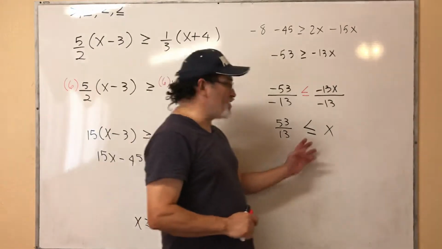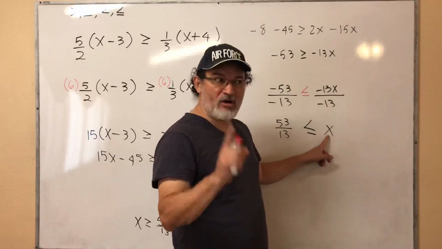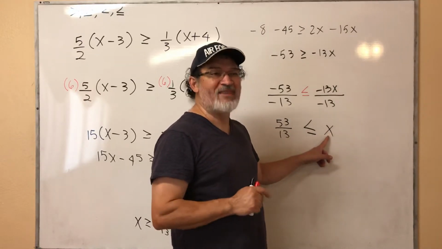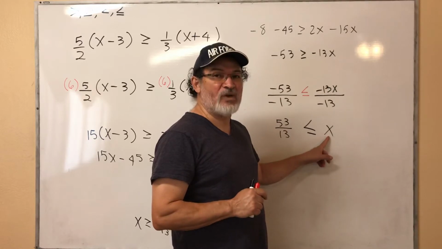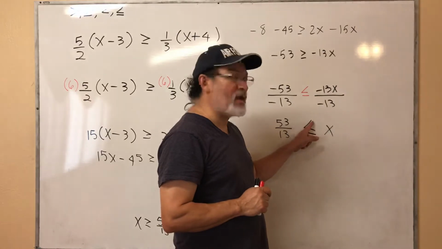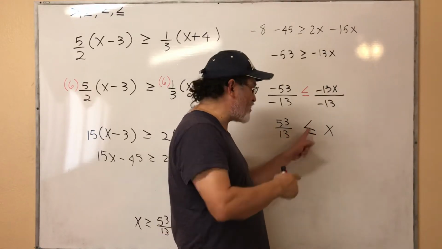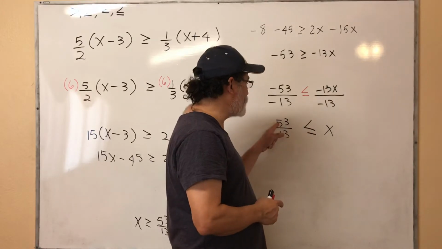If you read this one, you start with the variable. You always start with the variable when you read the answers to an inequality. You say x is greater than or equal to 53 over 13.